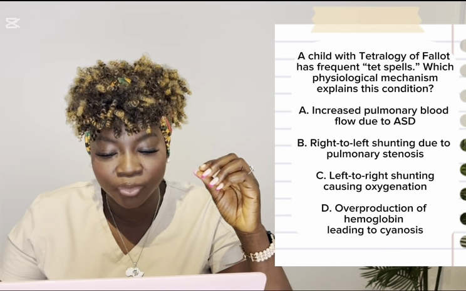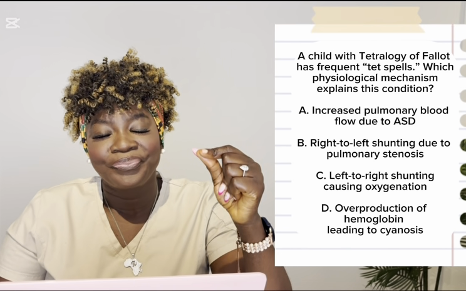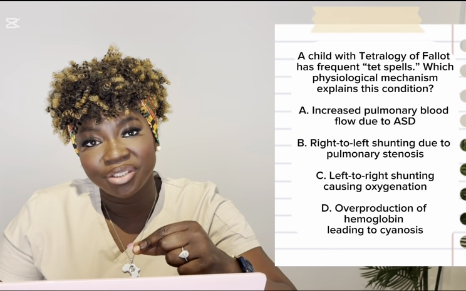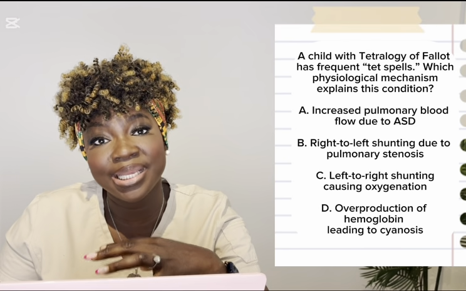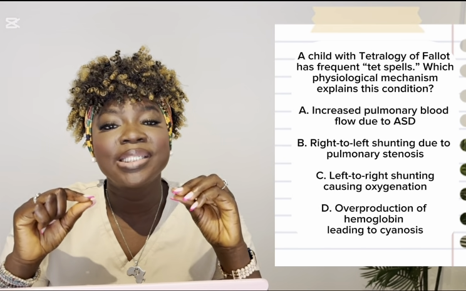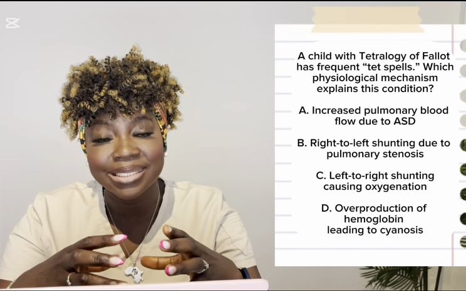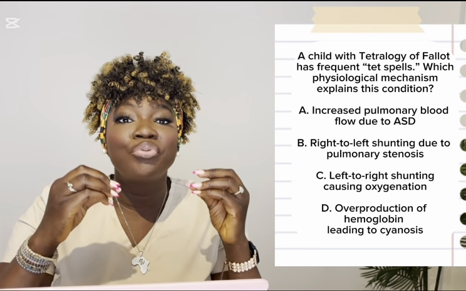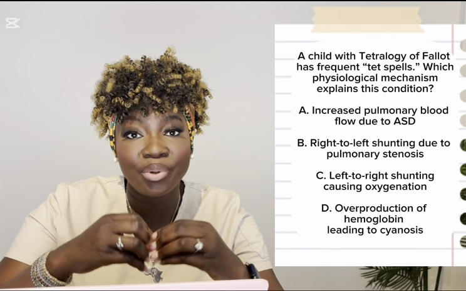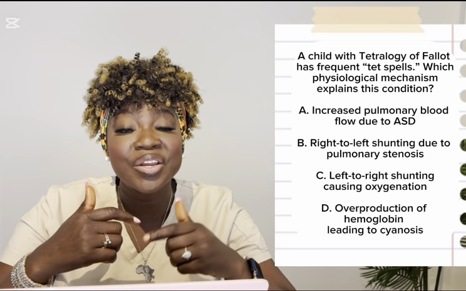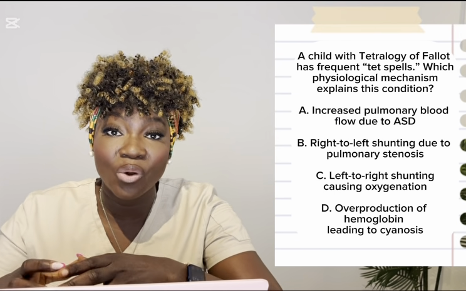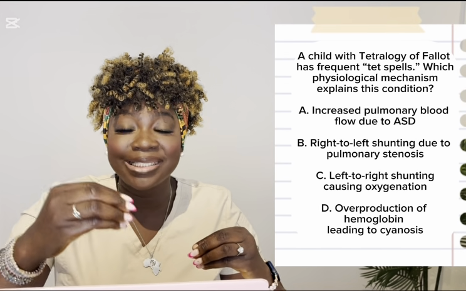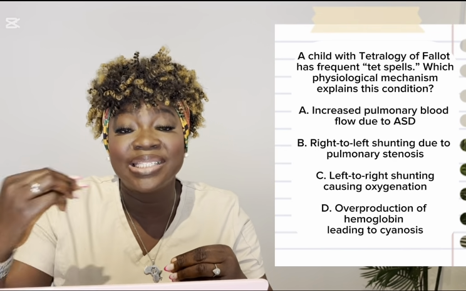Now you have to understand what pulmonary stenosis is, because that is what causes lack of oxygen, which leads to cyanosis during TET spell. Do you understand it? So in simple terms, the physiological mechanism that causes TET spell is that the pulmonary stenosis blocks blood from going into the lungs, and this increases right to left shunting of blood, and this sends the deoxygenated blood to the system, and that is when the baby has TET spell.